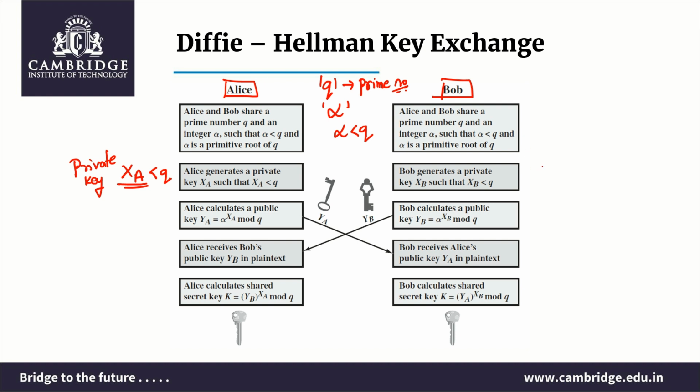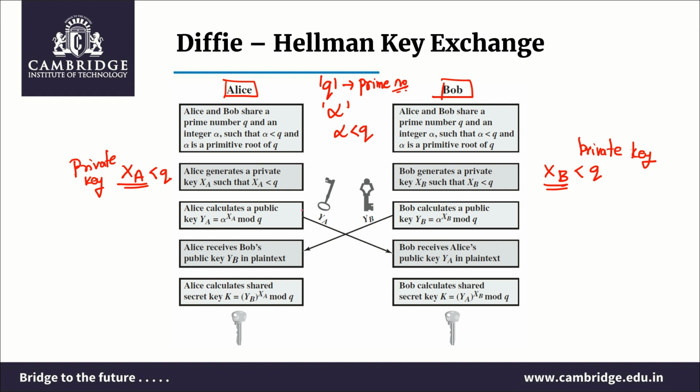Likewise, Bob is generating his private key, that is XB. Now I'm considering this XB also to be less than q. So this XB is the private key of Bob, right?